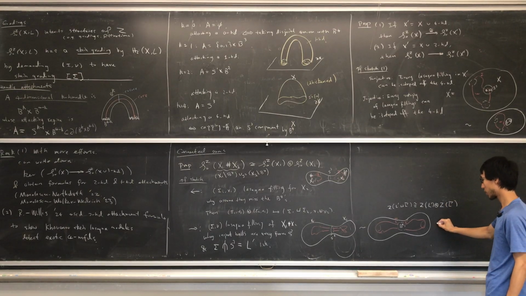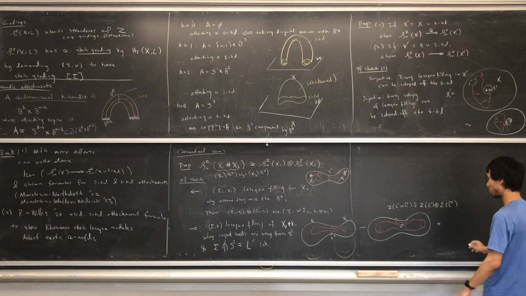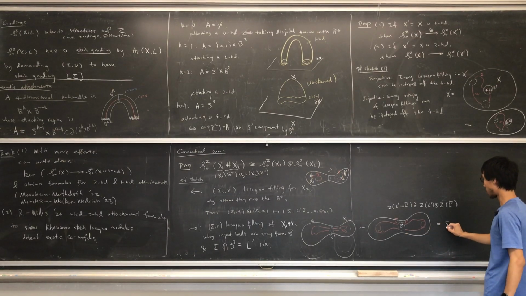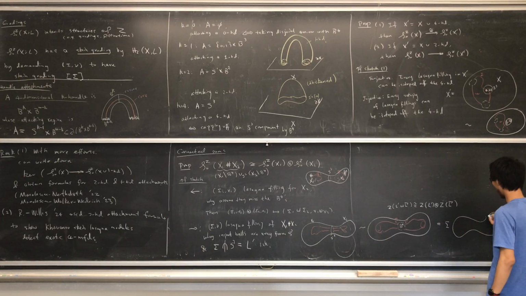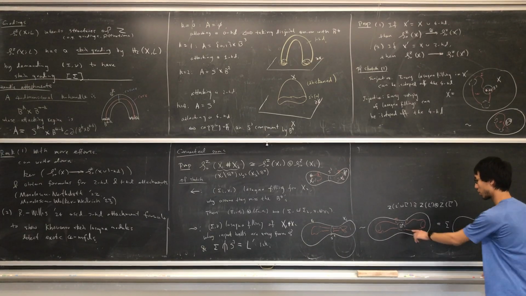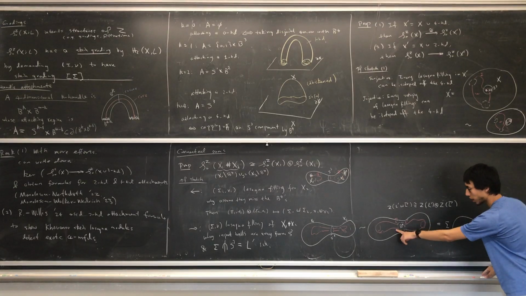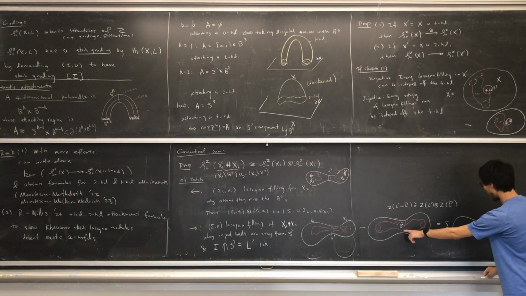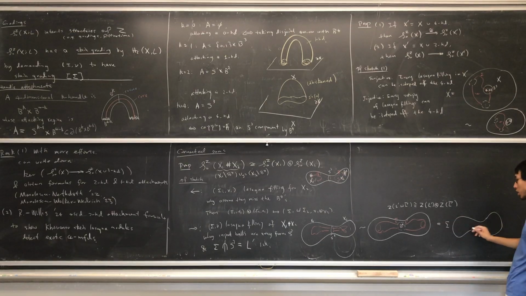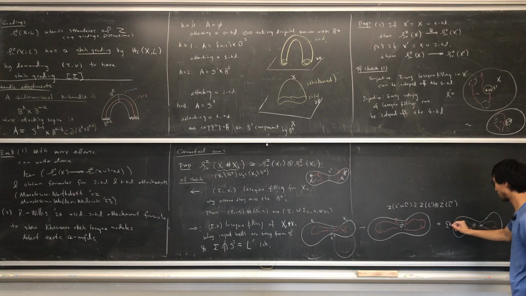So that means in a skein lasagna module, I can actually break this into a linear combination of terms where the labels are some V1 tensor V2 here respectively there. But then using another enclosement relation backward, I can divide this middle 4-ball into two smaller balls. Some coefficients here.